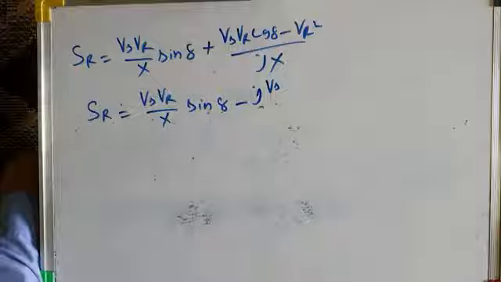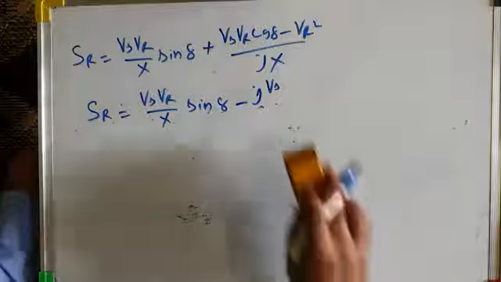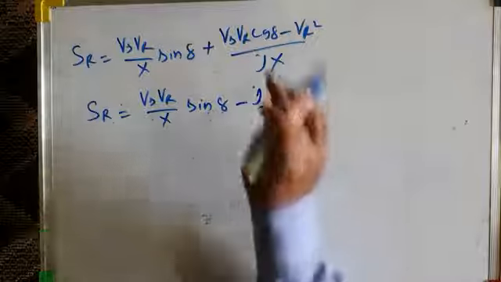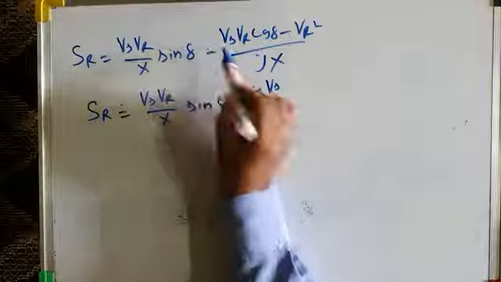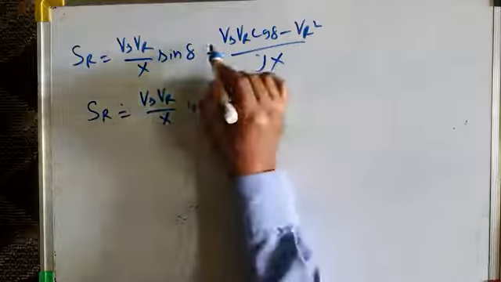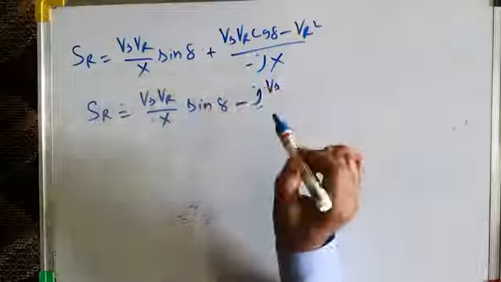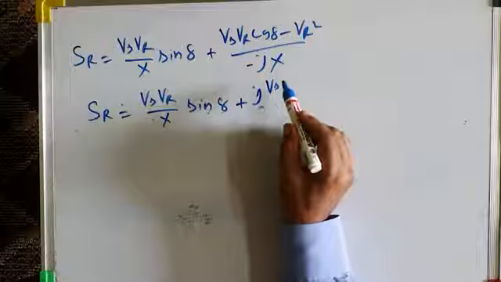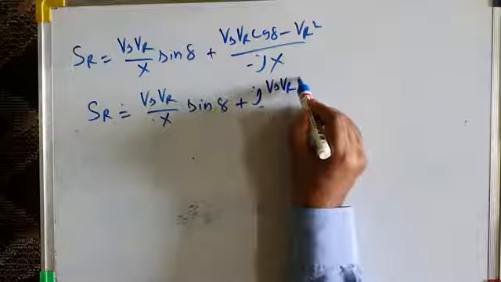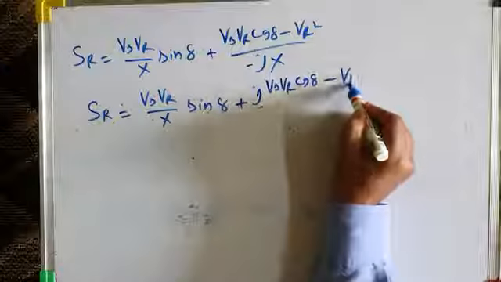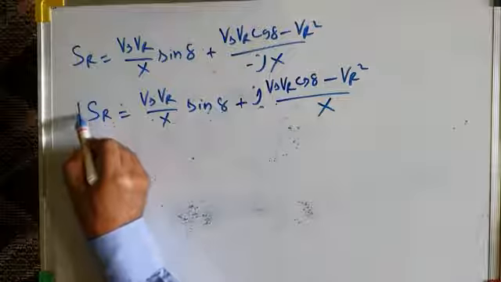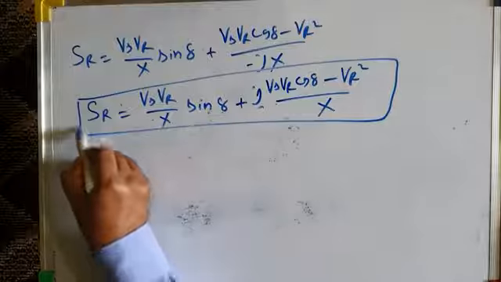It should be plus J. Here it should be minus J. This is plus, and this is minus J. And when this minus J goes up, it becomes plus J. Plus J Vs VR cos delta minus VR square by X. Okay. So therefore this is SR. This is the mathematical expression for SR.